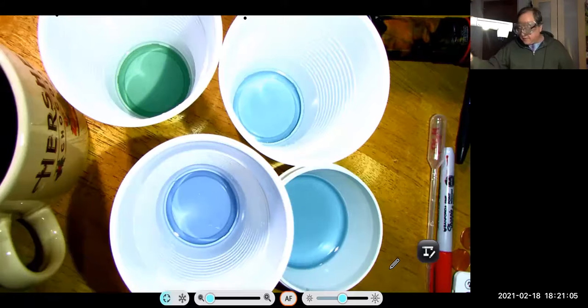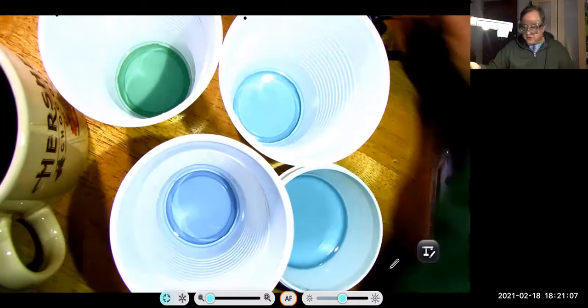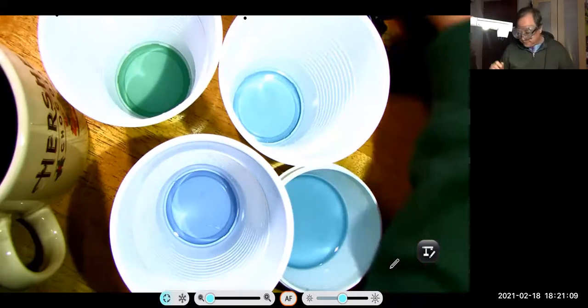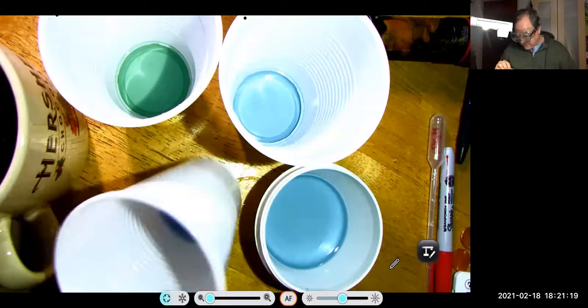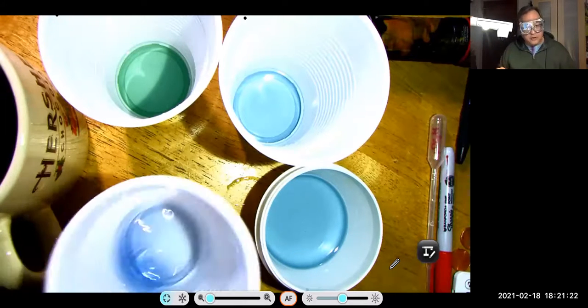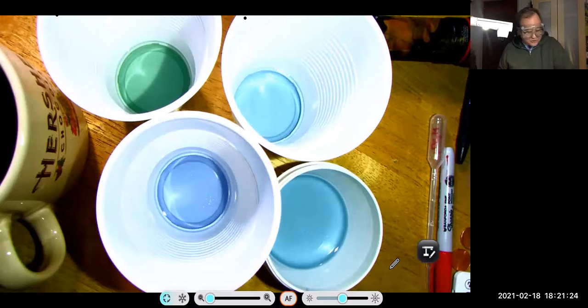And you want to do the same thing for the sulfuric acid to the third one. And you want to keep track of these color changes. So you're going to have to be kind of descriptive. Like this one, now that I look at it, looks like it's got a reddish hue to it.